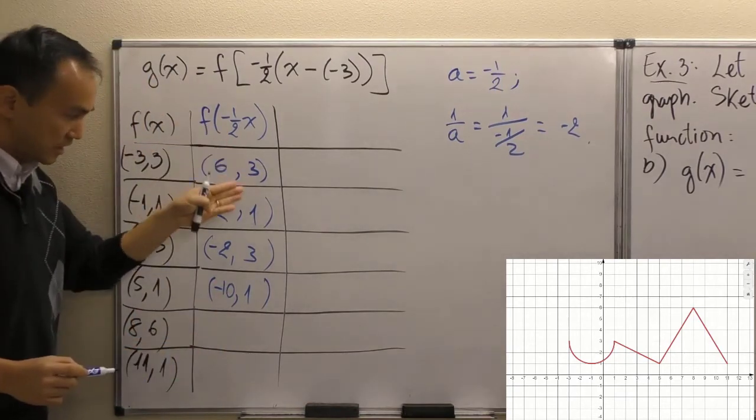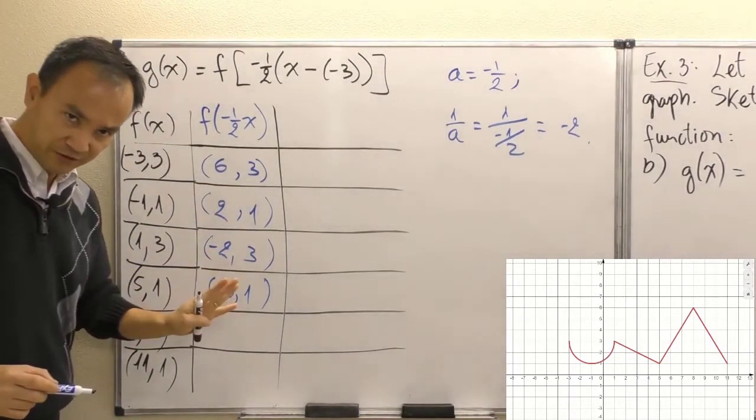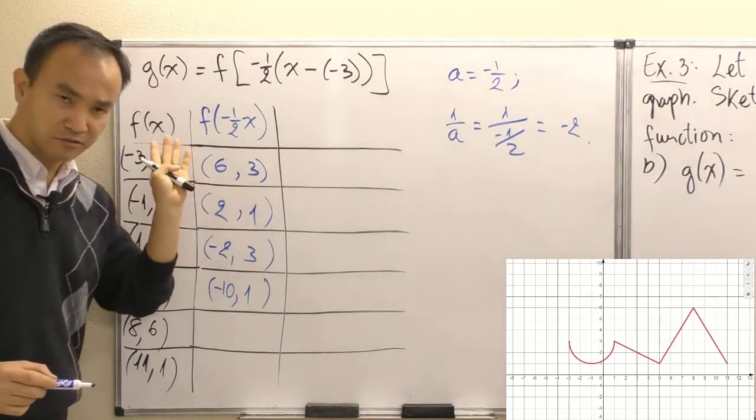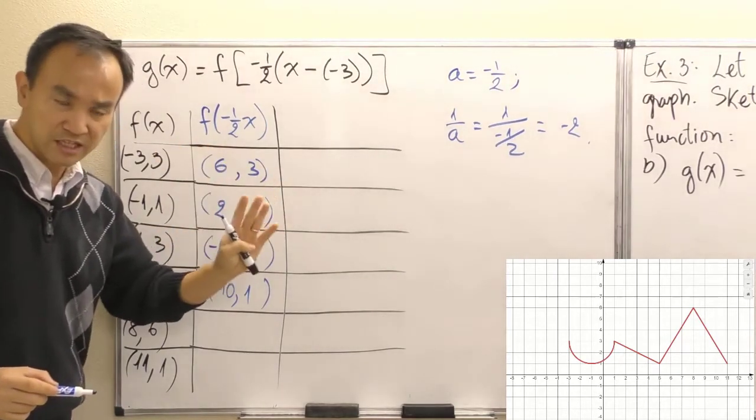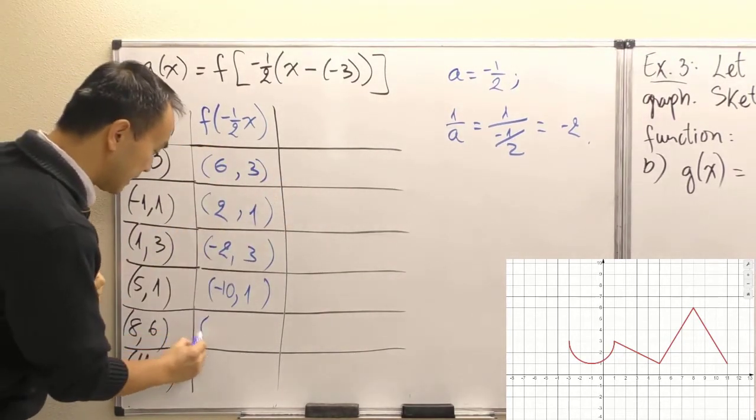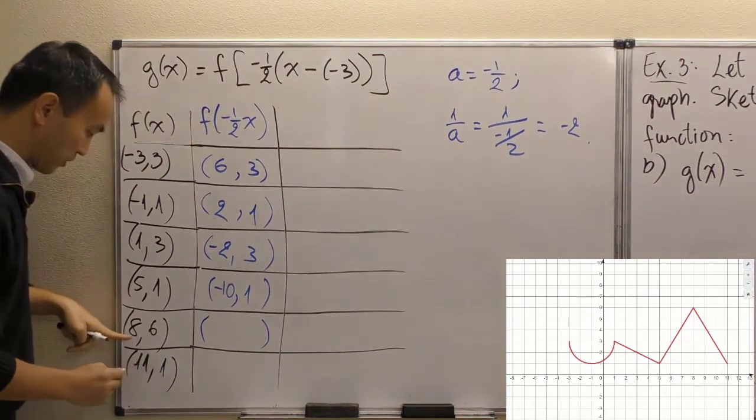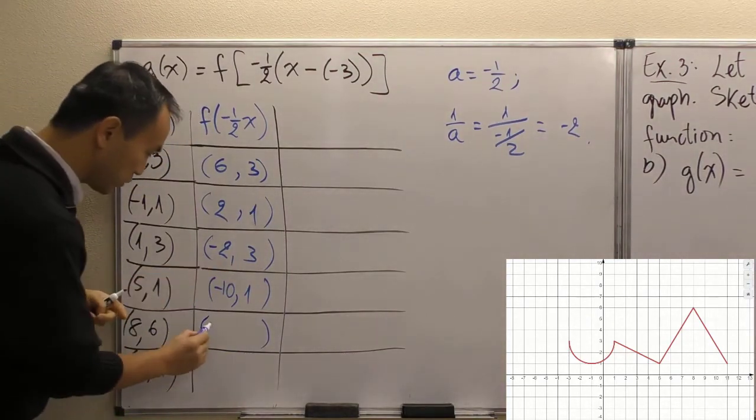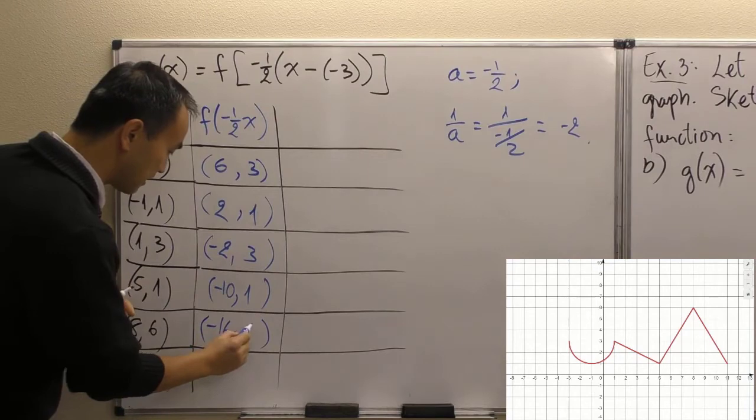Nothing is done to the y value. Again, I emphasize that when we're working on anything horizontal, nothing is done with the y value. Then 8 comma 6 is transformed into -16 comma 6.